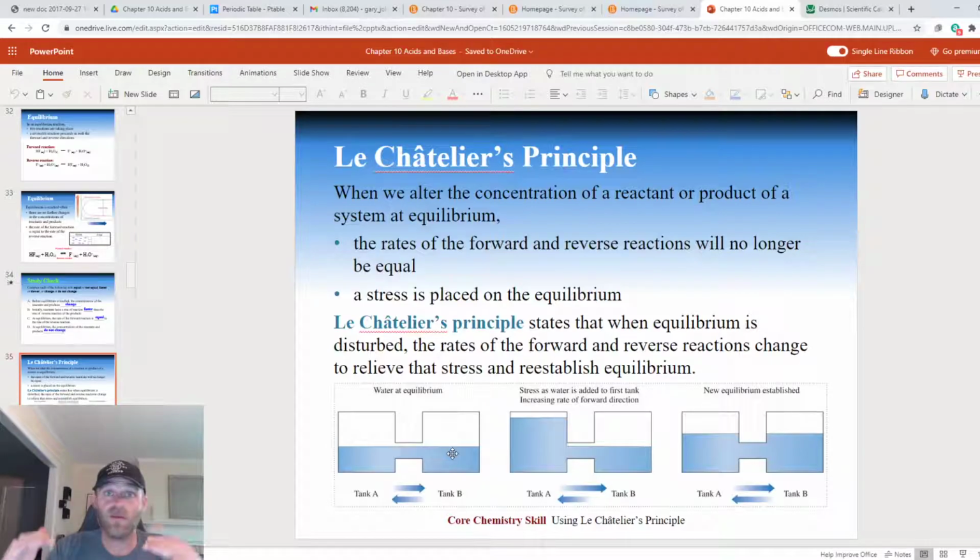At equilibrium, it's balanced, right? The levels are the same on both sides. Now imagine if these are connected and I pour some water into one side, it's going to push the water level down and push through the little tunnel and then raise the water level on the other side, essentially until they're balanced, right?